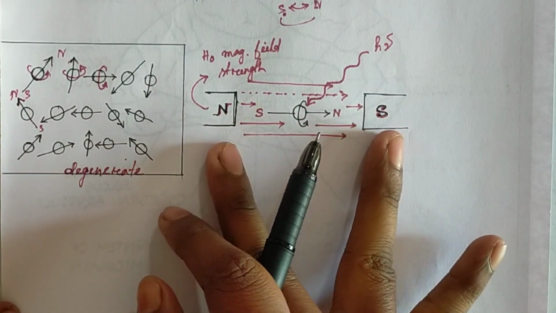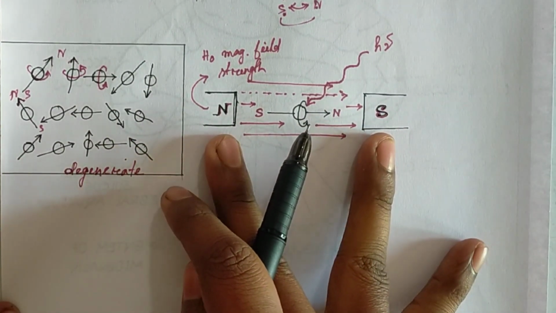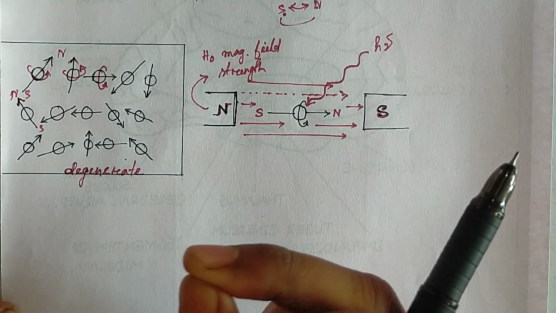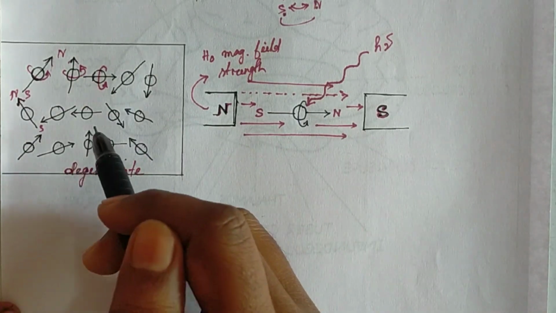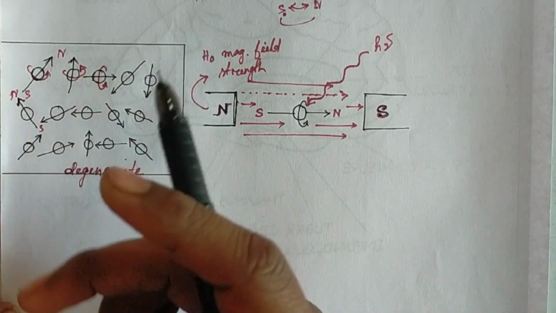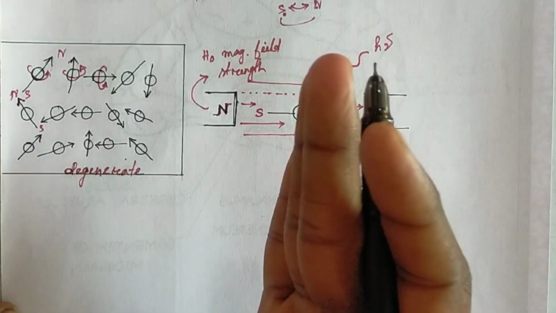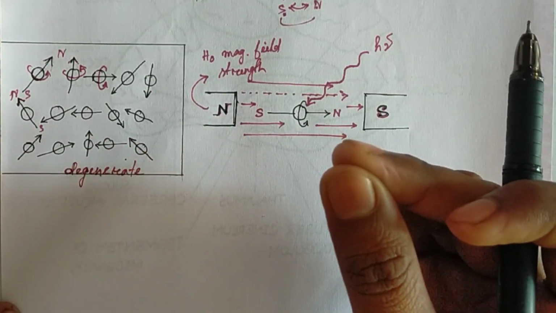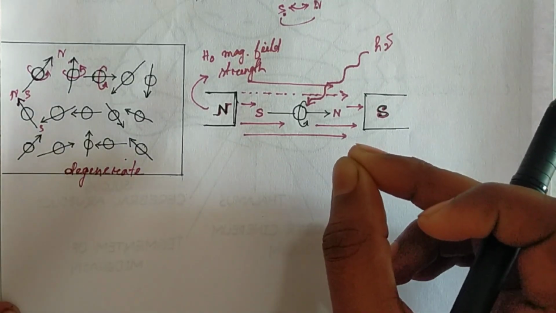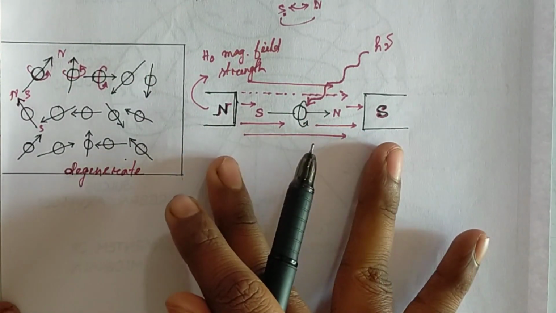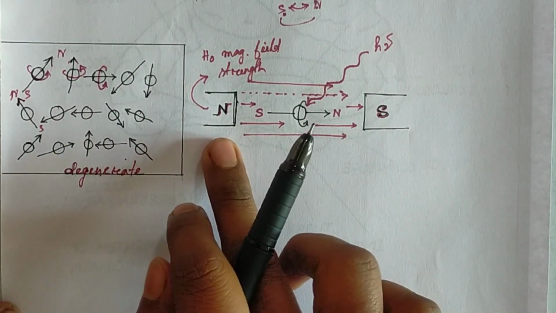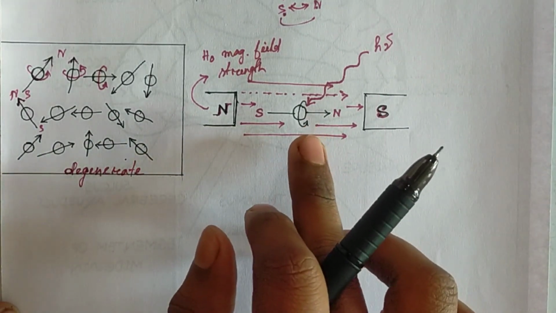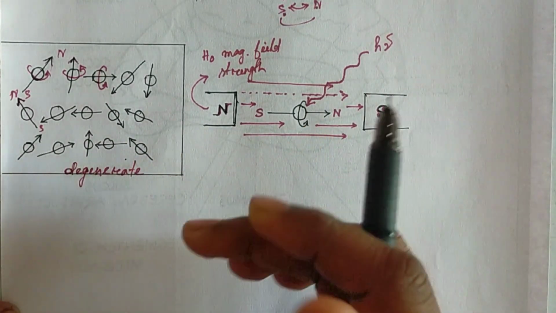So in between this north pole and south pole, we will bring one nucleus from the degenerate state, where they are orienting in different directions, in between these two magnetic bars.